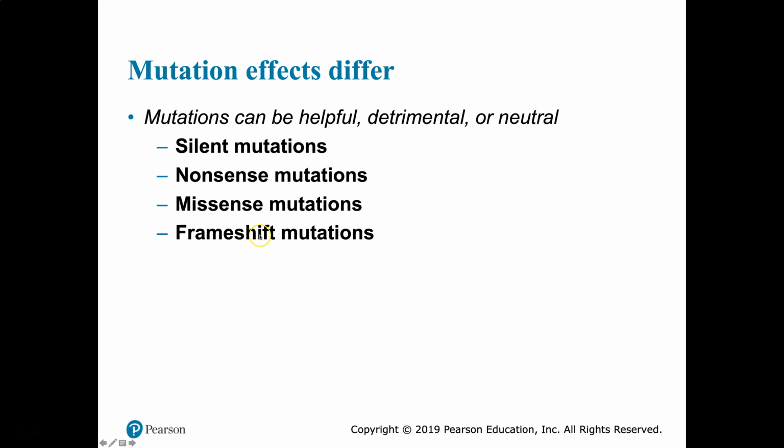Frame shift, you either insert or delete nucleotides, one or more, and the sequence shifts, and the way you read it becomes drastically different. And with frame shift, there's almost no way to save a protein after a frame shift mutation. Because the way you read it is so different, it's just not going to be the same at all. And therefore it's useless.